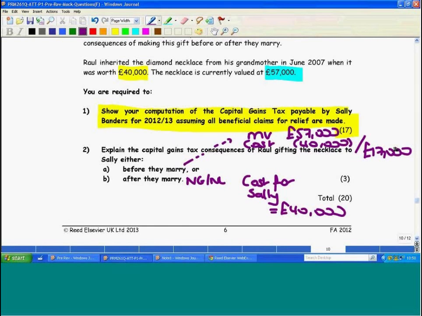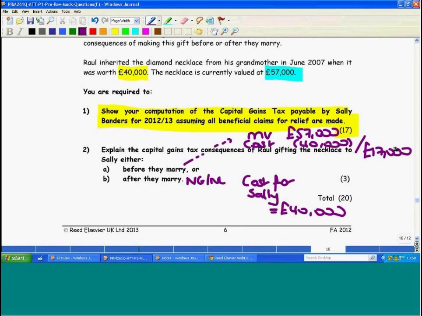So before they marry, a 17,000 capital gain, 57,000 would become Sally's base cost. But if they wait until they're married, no capital gains tax because it's no gain, no loss, and the 40,000 would become Sally's base cost. So that's what they wanted you to do for those 3 marks. Just think about a difference in timing in terms of marriage or before marriage.